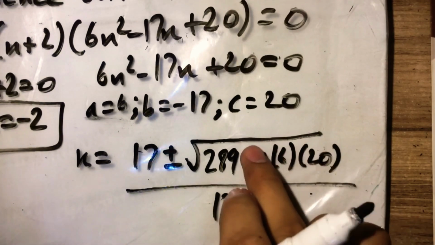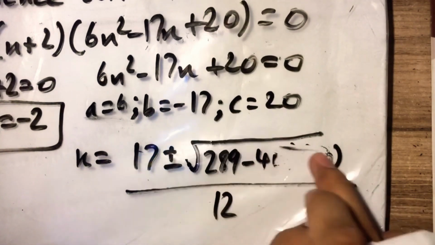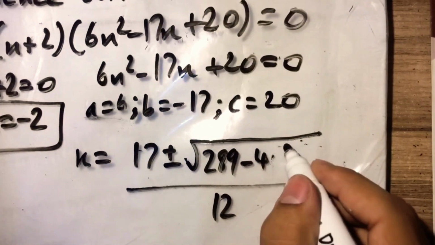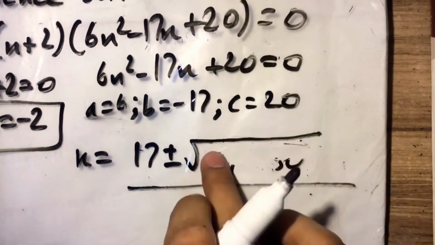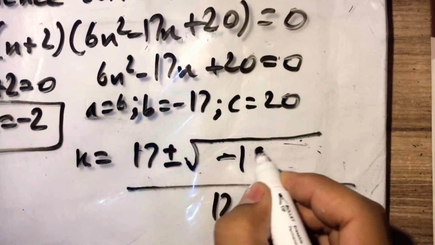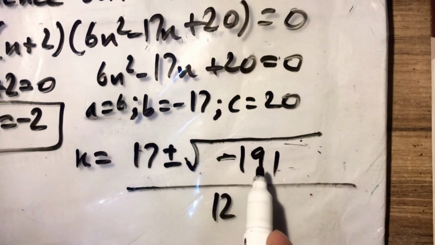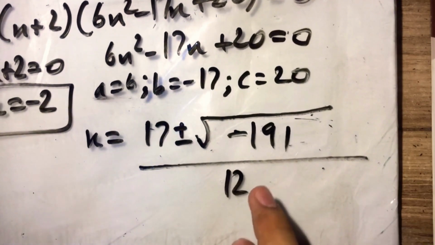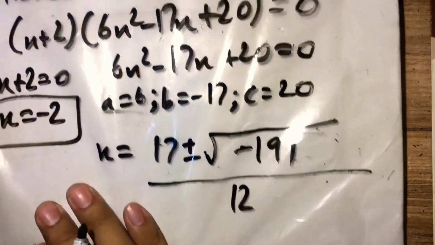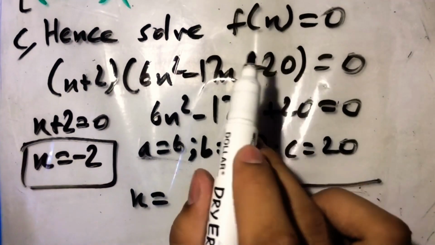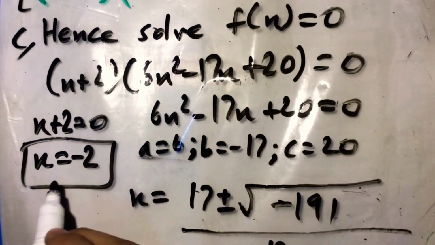This is equals to minus 480, minus 4 into 6 into 20. 289 minus 480 is equals to minus 191. Now since there is a negative number under the square root, this is not possible. The discriminant is less than 0, so there are no real roots of this equation. So the only answer to f(x) equals to 0 will be x equals to minus 2.